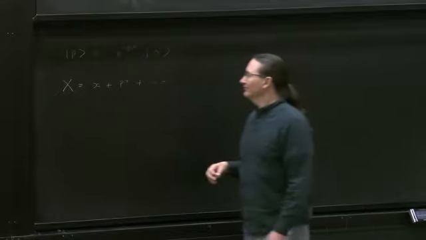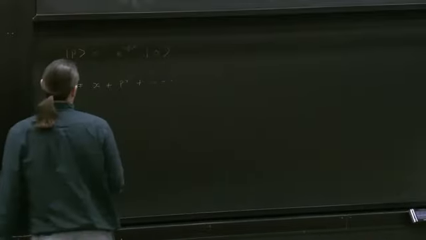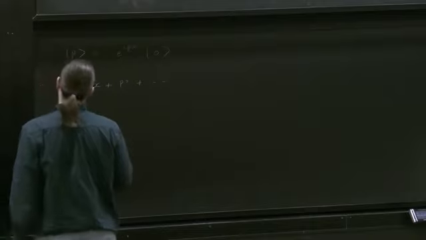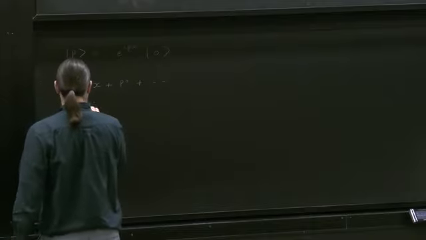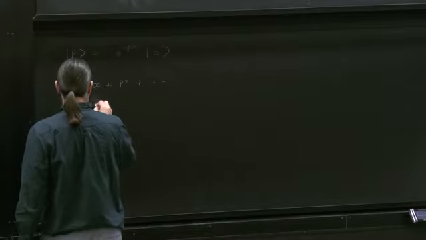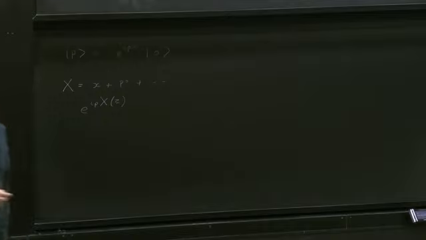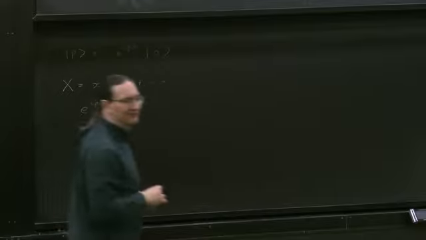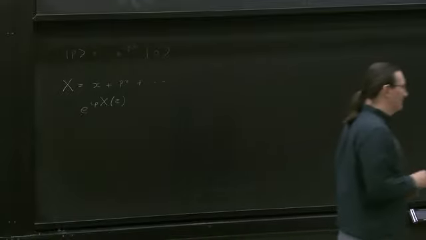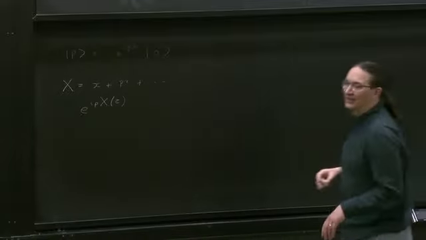So, after you stare at this for a bit, you can guess that you need to look at something like e to the ipx. Now, how do we make sense of that? Is that a sensible thing to do? Well, I guess one would have to put normal ordering or something, because when I expand it in a series.